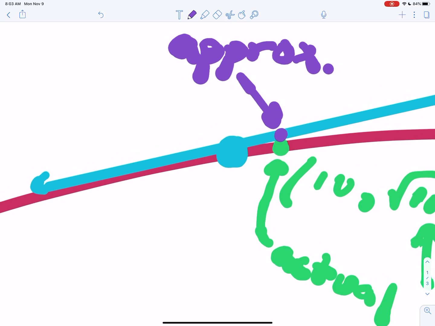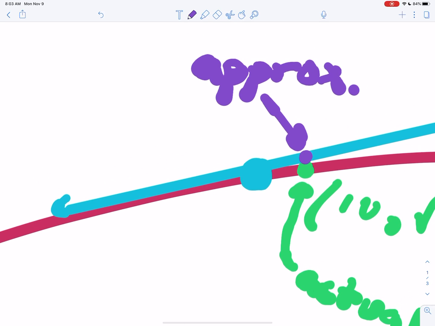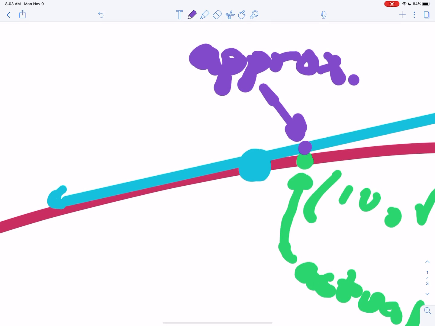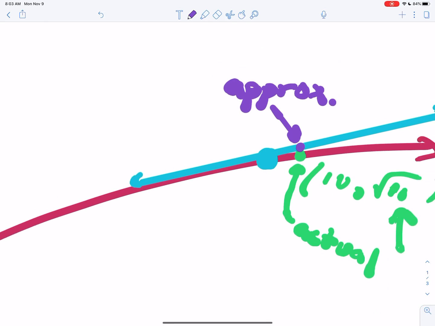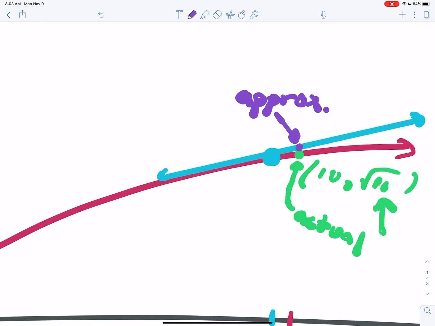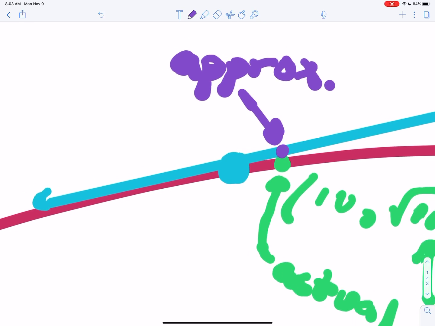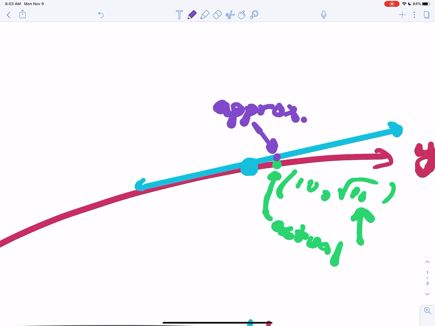If you zoom in enough, now this picture doesn't do it justice, but if you zoom in enough, this blue tangent line will overlap that square root function. If you zoom in close enough, that approximation will be pretty close to the actual value.